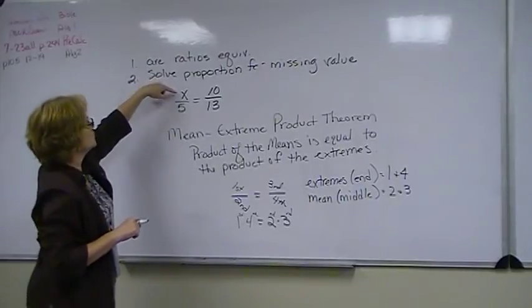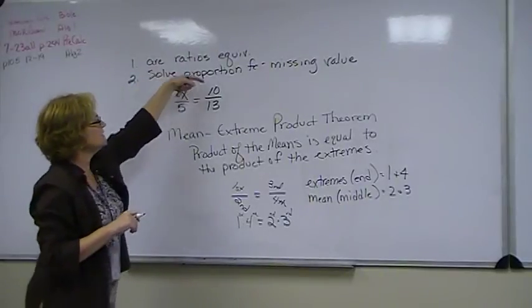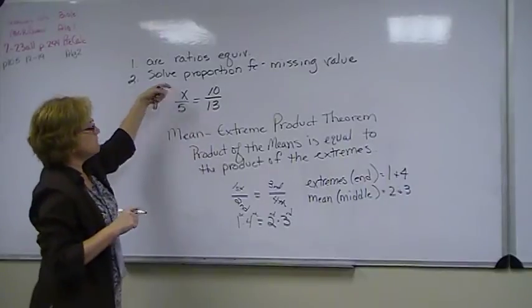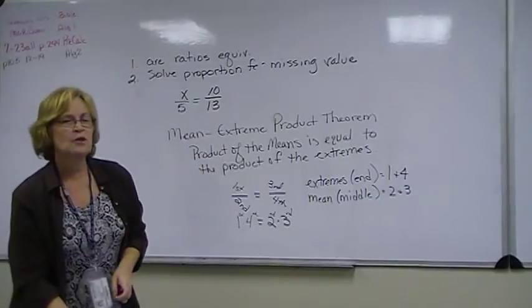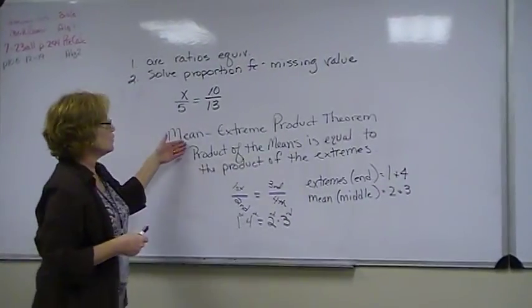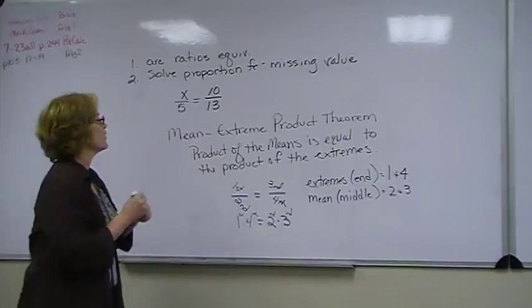So now let's apply that on this problem right up here. I have x is to 5 as 10 is to 13. Well, to find my missing value, I'm going to use cross multiplication, but now that we're educated, we're going to use the mean extreme product theorem.